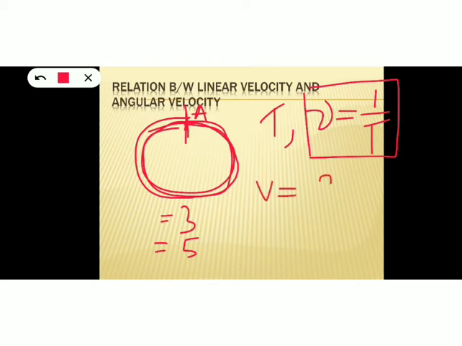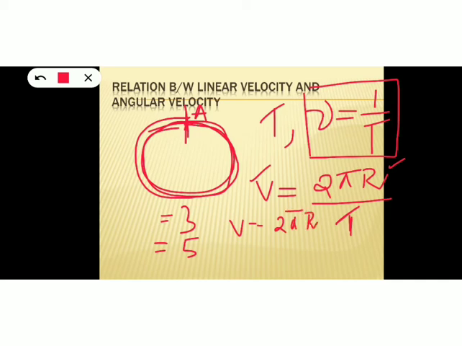Velocity v is equal to 2 pi r, that is the distance, divided by time. Time is the time period. I hope you remember this relation. You already know that velocity v equal to distance by time or displacement by time. And during one round of a circular motion, the object will cover a distance of 2 pi r, and the time taken to complete one revolution is time period T. So this forms distance by time. And we can write v is equal to 2 pi r by T.